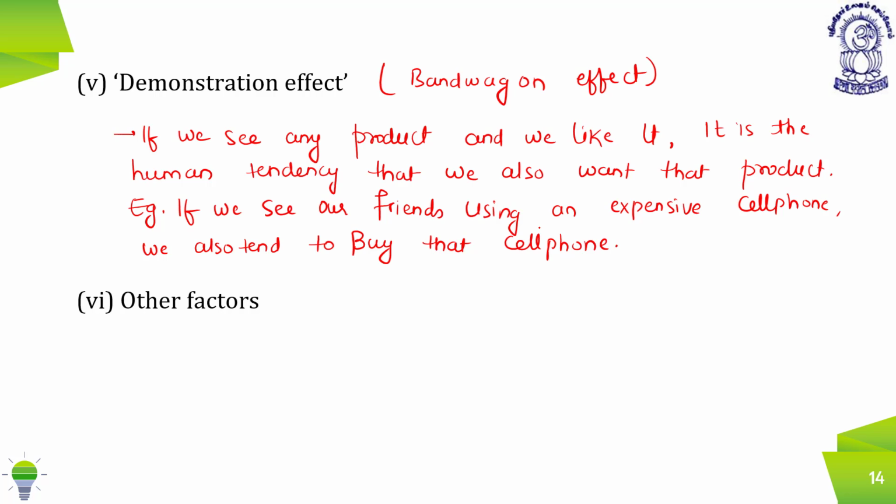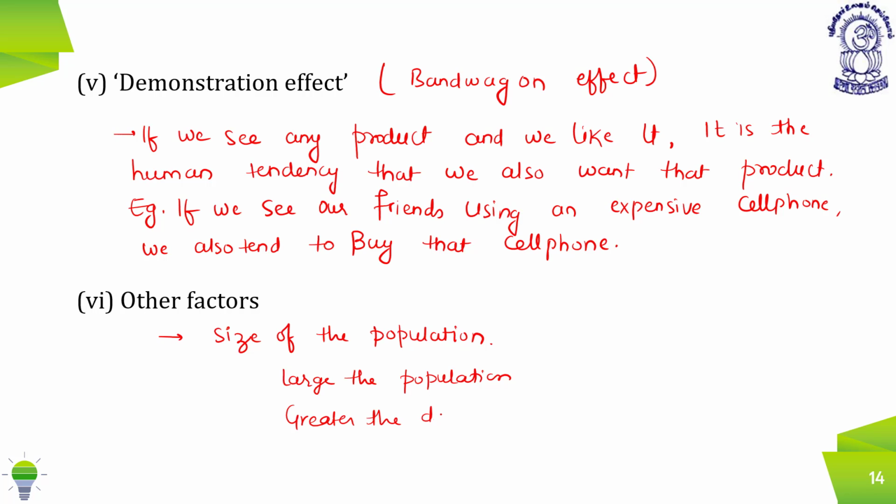The next factor is other factors. We can write it as size of the population as another factor. So the larger the population, the greater the demand for the product, and vice versa.